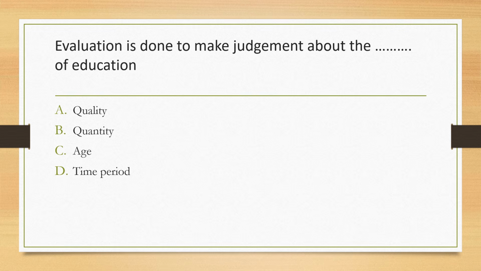So here you go straight to option A. Evaluation is done to make judgment about the quality of education. Please, not quantity. We're not talking about measurement. You're talking about evaluation, so go for quality. All right.